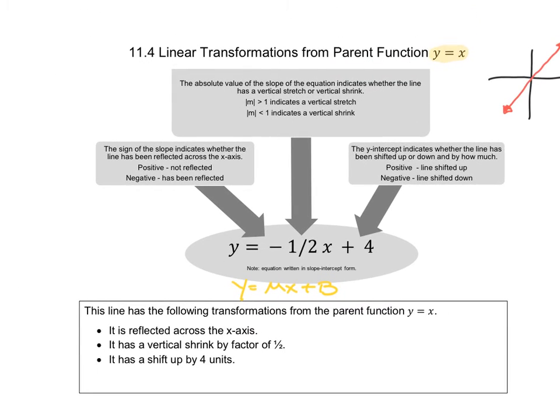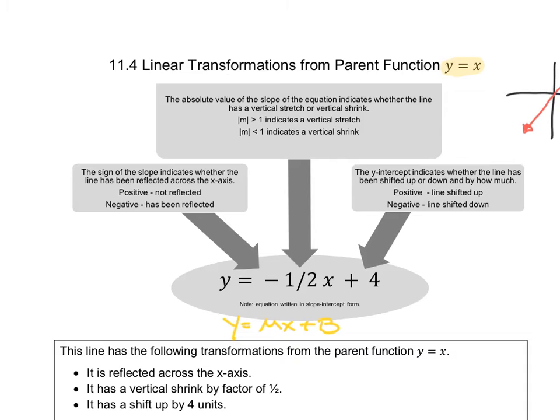Now, those factors are up here in these boxes. So I want to start with them one at a time. The first one we are going to look at is this one that I am highlighting in red. It deals with the sign that is out in front. Here's what this box says: the sign of the slope indicates whether the line has been reflected across the x-axis.